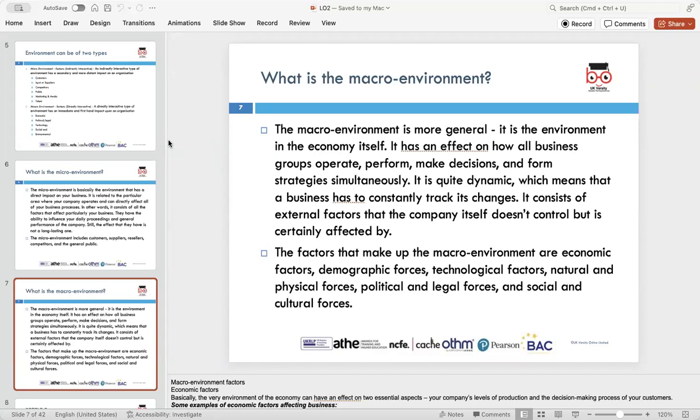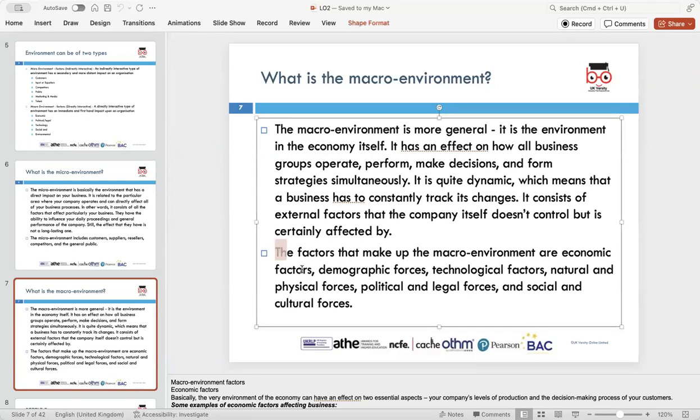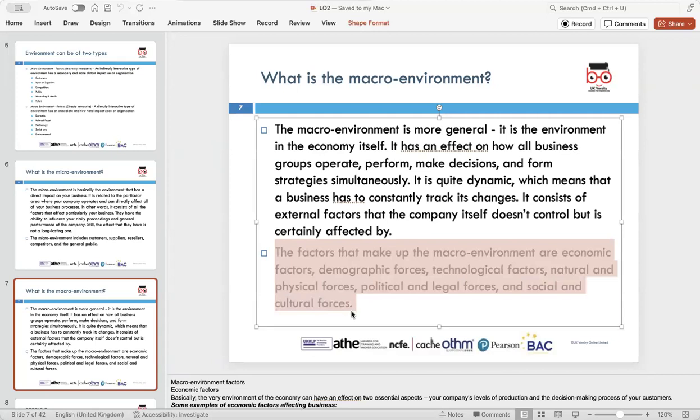It is made up of external circumstances over which the corporation has no control, but which unquestionably have an impact on businesses. Economic influences, demographic forces, technological factors, political and legal forces, and social and cultural forces are the components that make up the macro environment.